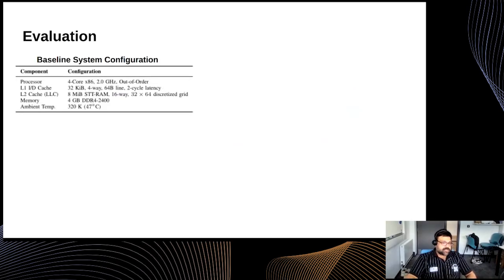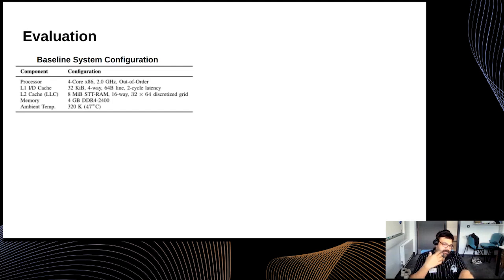Now, this is our evaluation part. The baseline system configuration has 4 processor cores from the x86 family, at 2 gigahertz clock speed, and it is out of order, of course, as most modern processors are. Then we have the L1 instruction and data caches, which are private caches, followed by the L2 cache, which is the LLC or last level cache in this case, with a size of 8 megabyte STT-RAM, which we have discretized into 4 kilobyte grids, 2048 in number.